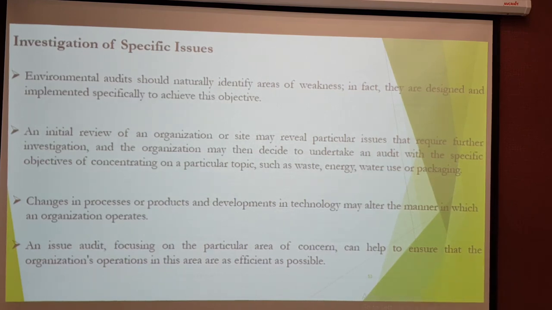So an issue audit focusing on the particular area of concern can help to ensure that the organization's operation in this area is as efficient as possible.